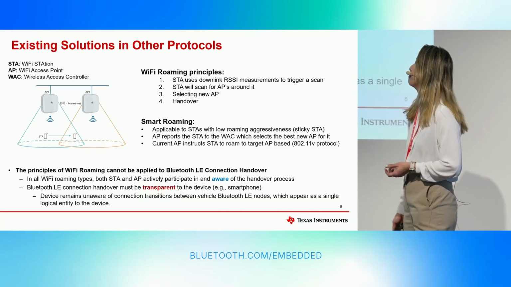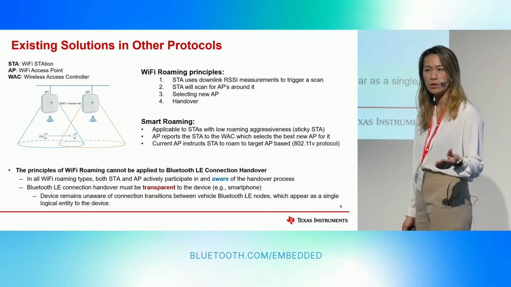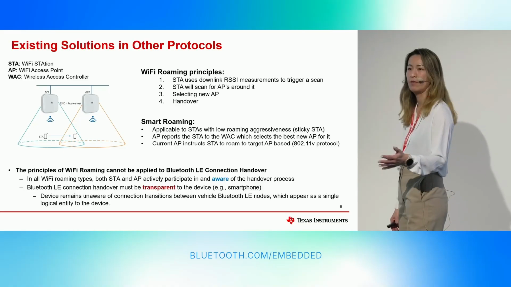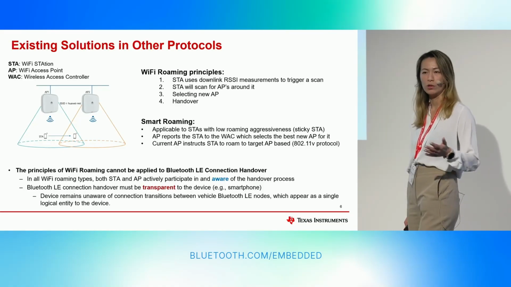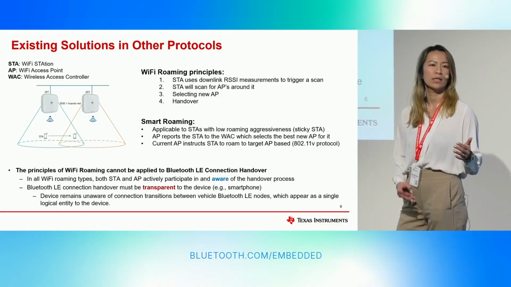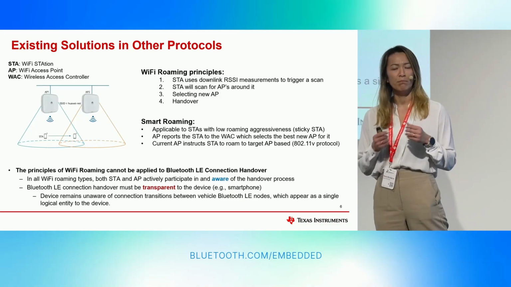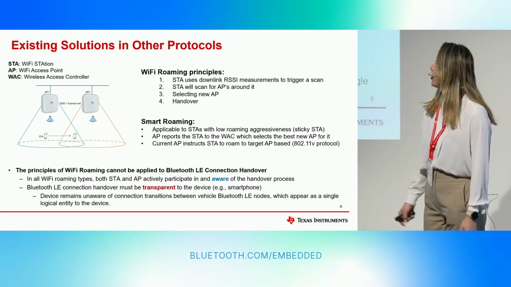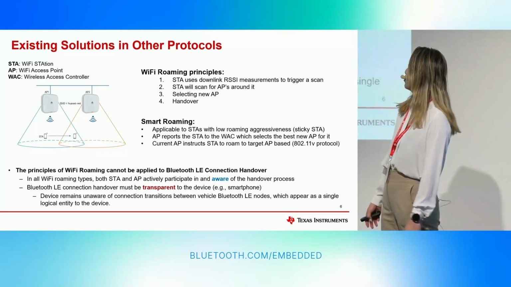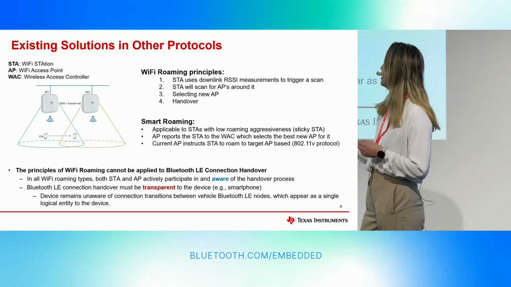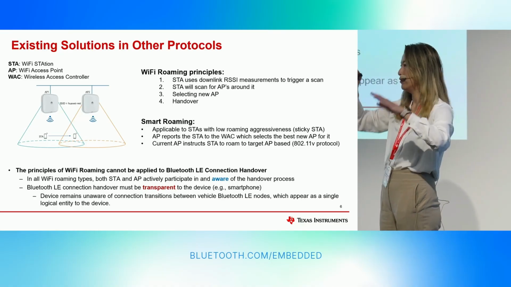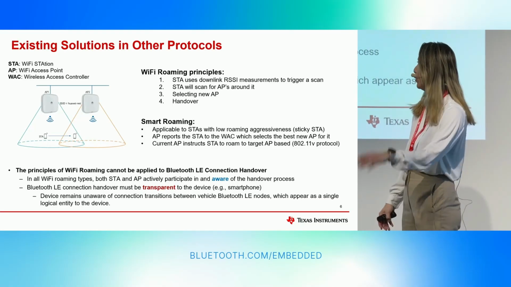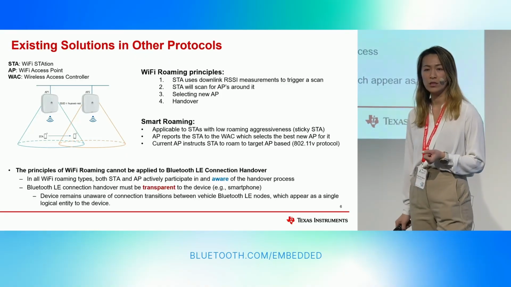So the existing solutions for different technology, right? You have Wi-Fi. With Wi-Fi there is always roaming. You don't want to have to connect to a different Wi-Fi network manually all the time when you go from one room to another room. So on the typical Wi-Fi roaming, you have access points, which is the router, whatever, that's allocated inside the different rooms, different hallways, and then you have your phone as a station.